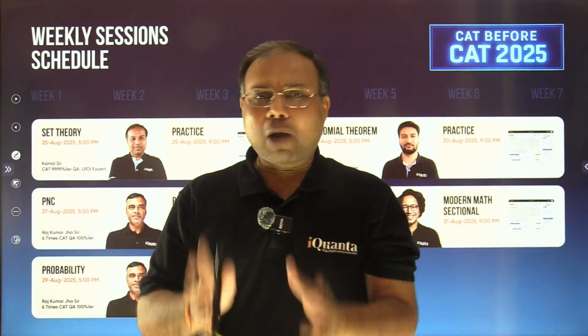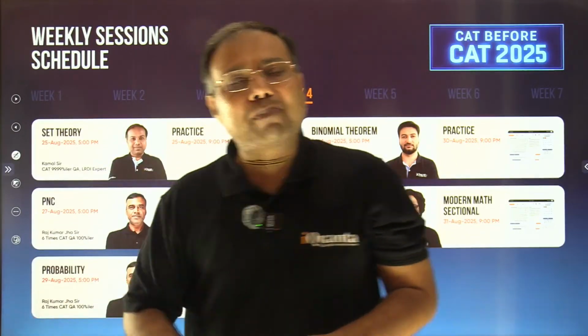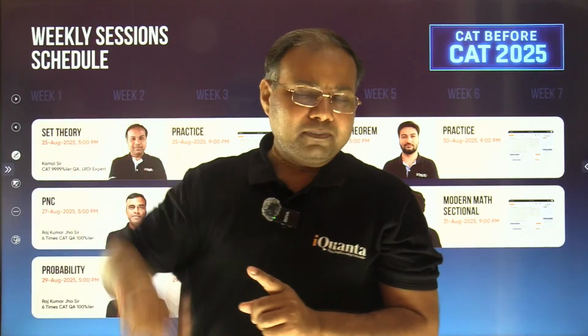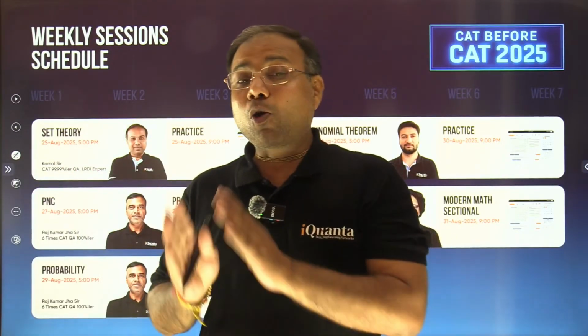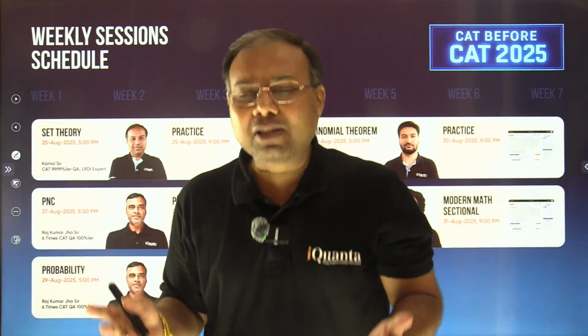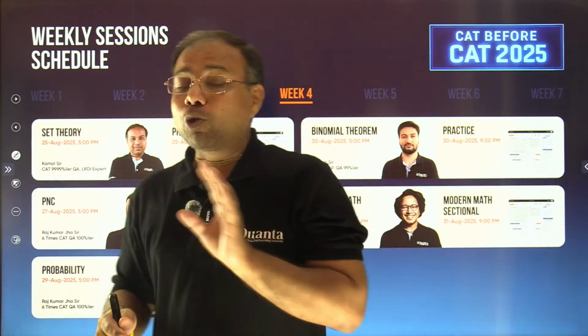But some topics are there. Basically, all these topics of this modern math part, they belong to the classes after 10th, right? So because CAT is common admission test, it is a common test for all the students who have done their graduation in any of the streams. So there is no prerequisite that you must have studied mathematics after 10th class, because in our country there is a freedom for that.